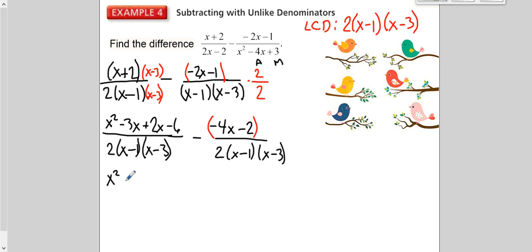Minus 3x plus 2x. Minus a negative 4x would be a plus 4x. And minus a negative 2 becomes plus 2. All over our common denominator.